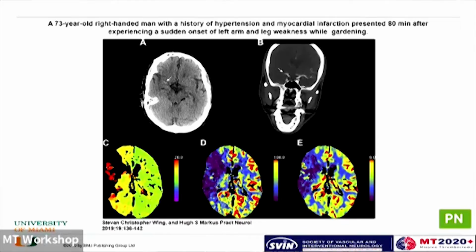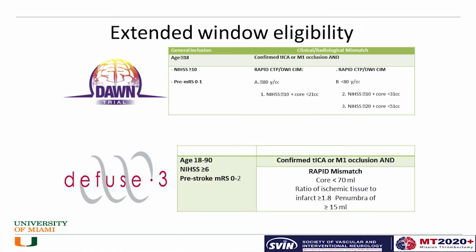And so I'm really excited that they've developed artificial intelligence and software that can help us decipher these cases. And that's the software that they used to drive the DAWN and the DEFUSE 3 trial. So in the DAWN trial, they looked at patients who were 6 to 24 hours of last time seen well.